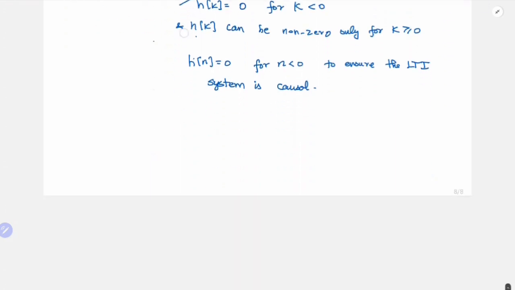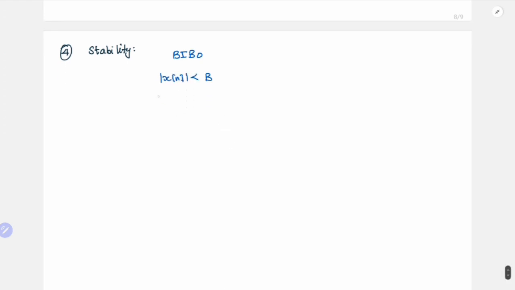So our final property, let us look at the stability. So stability, we have bounded input, bounded output. So if my x of n is bounded, let's say less than b, then my y of n should also be bounded. So my y of n is given by summation k equal to minus infinity to infinity h of k x of n minus k.